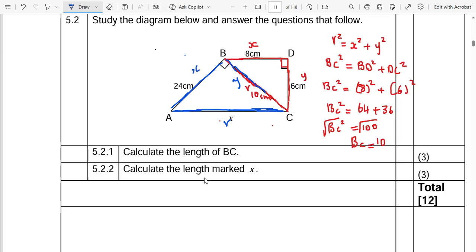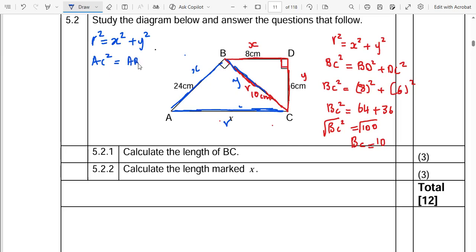So the question says calculate the length marked by that, which is AC. So they are looking for AC. R squared is equal to X squared plus Y squared. So R squared, that's AC. So this will be AC squared. It's equal to X, that's my AB.